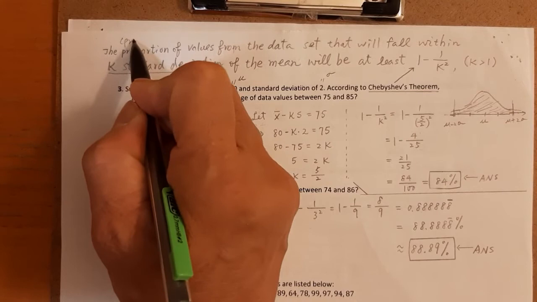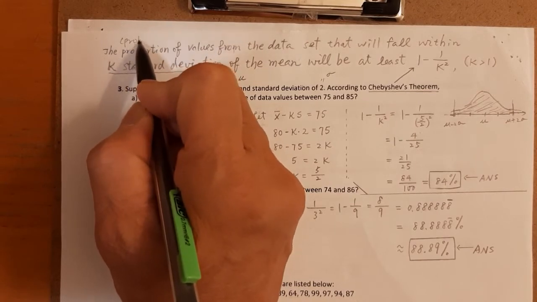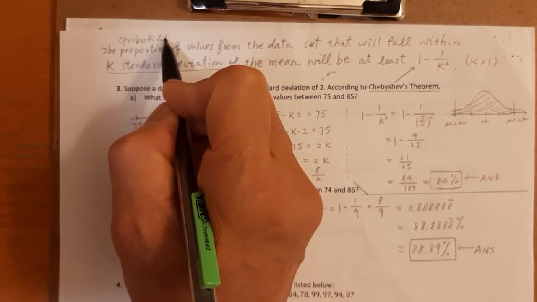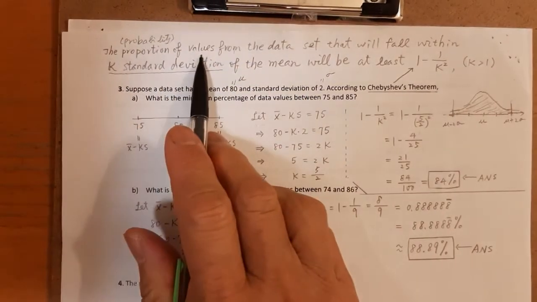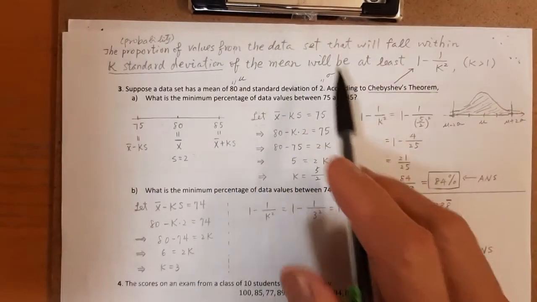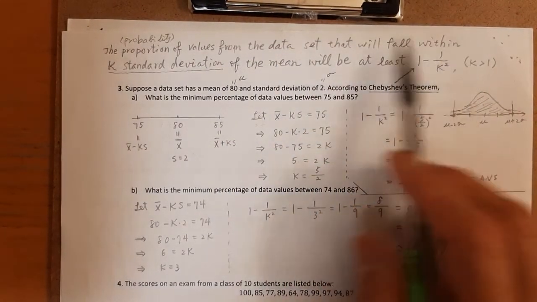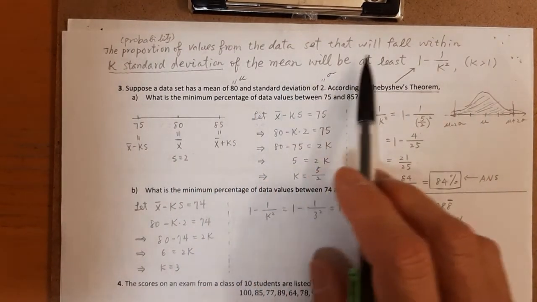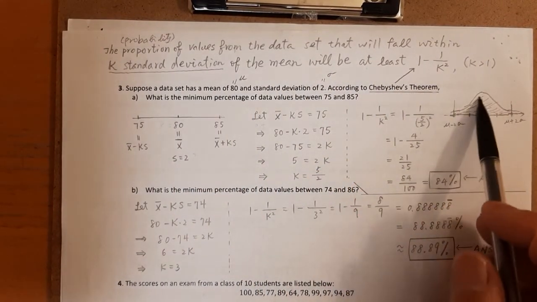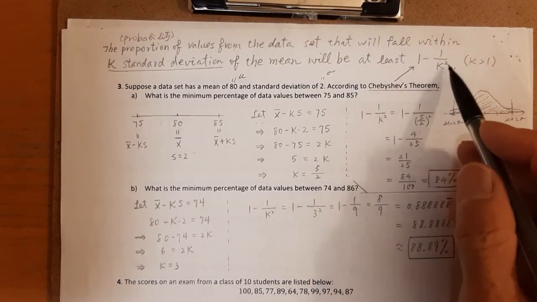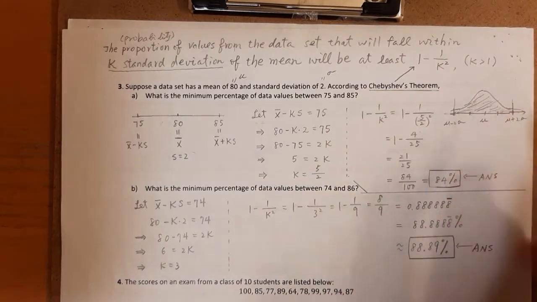The probability of values from the data set that will fall within K standard deviations of the mean will be at least 1 minus 1 over K squared. K is a number greater than 1.